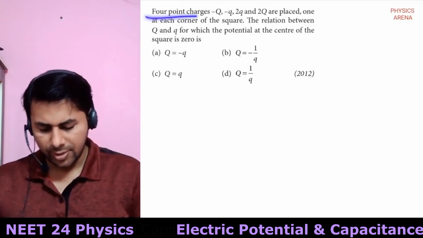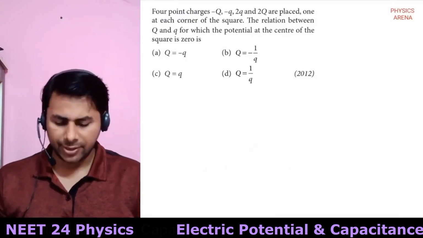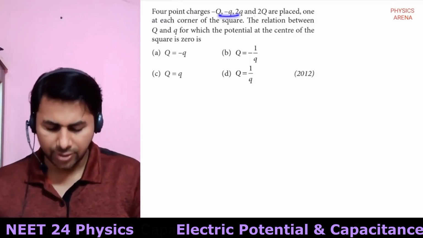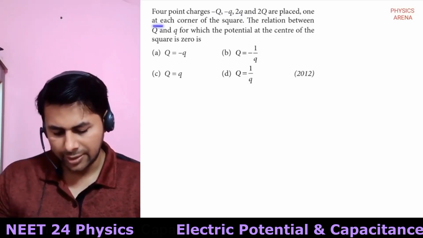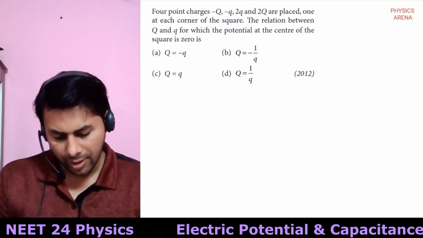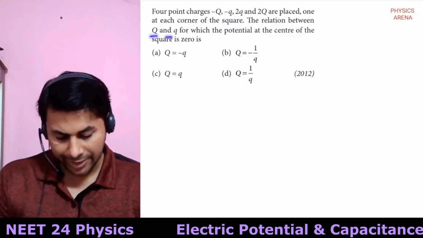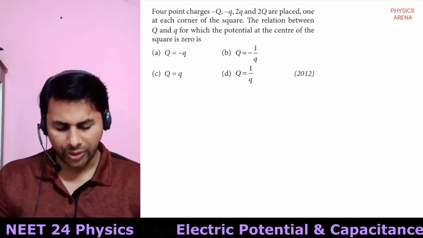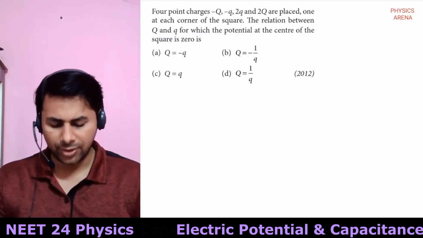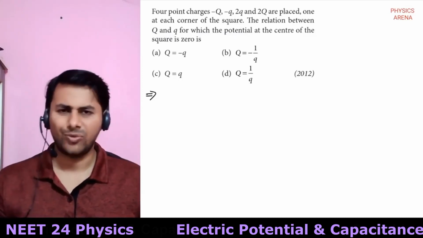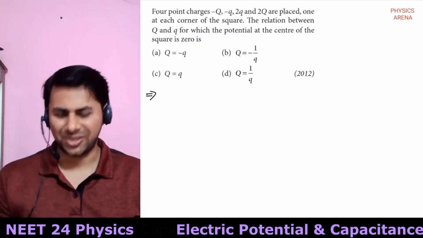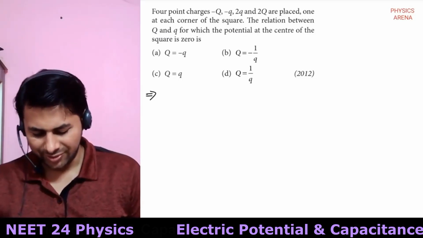Next one, 4 point charges minus q, 2q, 2q are placed one at each corner of the square. The relation between Q and q for which the potential at the center of the square is 0 is, tell me. What will we do? Potential at the center is 0. So let's draw a square.